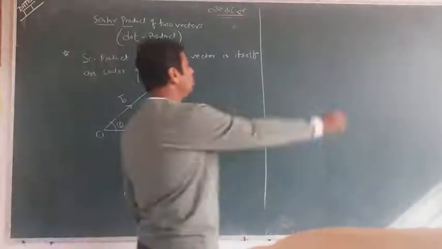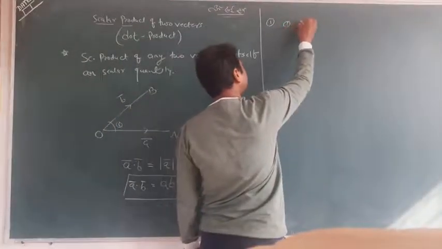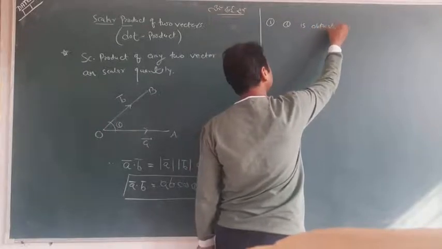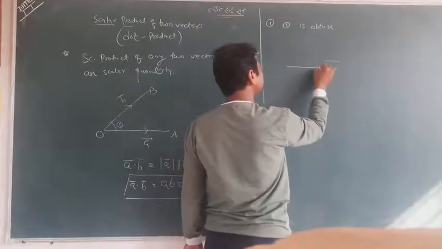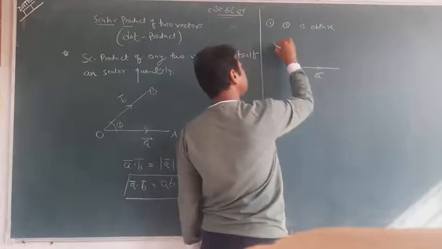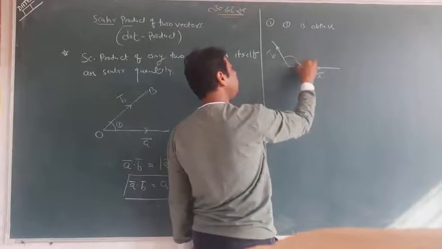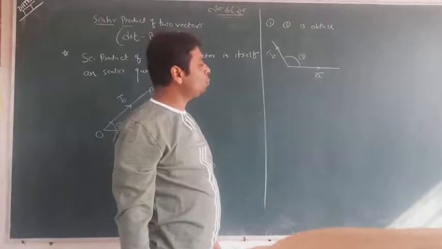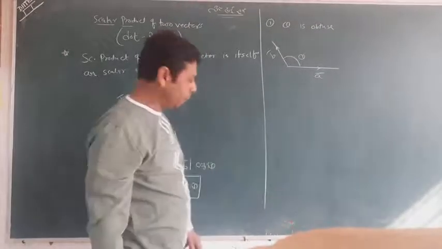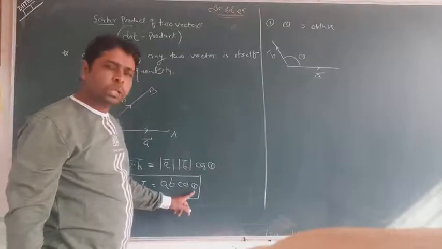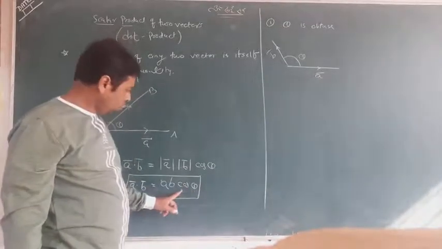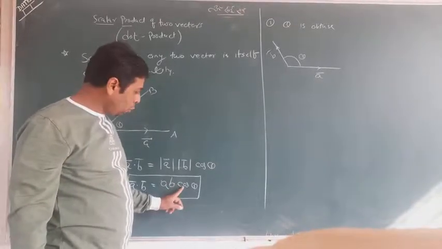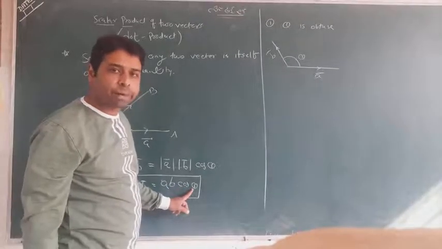Look at the first condition, when theta is obtuse. Suppose I am taking theta as obtuse. It is A, suppose, and it is B, and between them we have theta which is an obtuse angle. When theta equals 120 degrees, whatever the mod A, whatever the mod B, cos 120 will be negative, minus half.